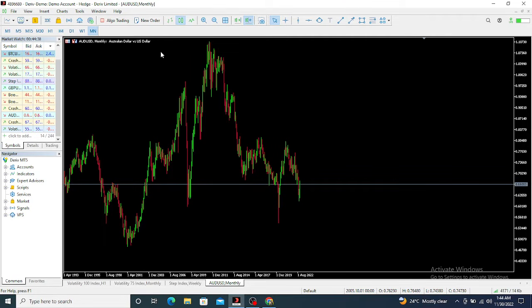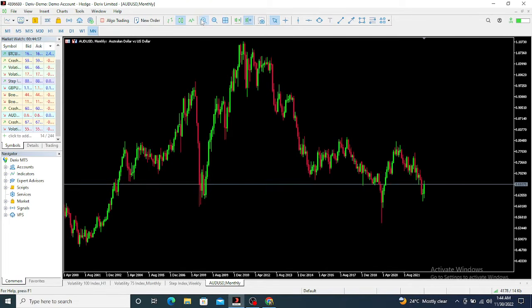He looks at his monthly time frame for the overall trend of the market and also plots a few key levels on this time frame. So you just have to look to your left. This is where the current market is. Let me zoom out a little bit.